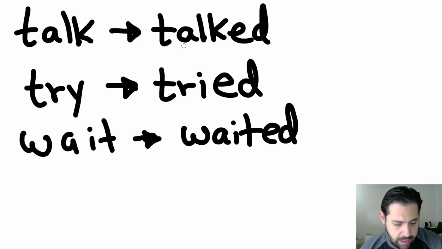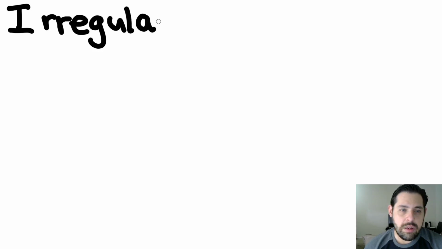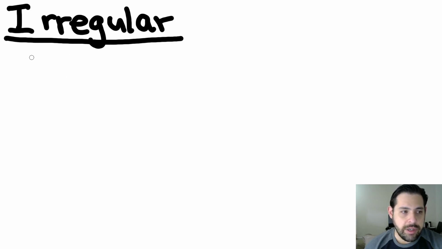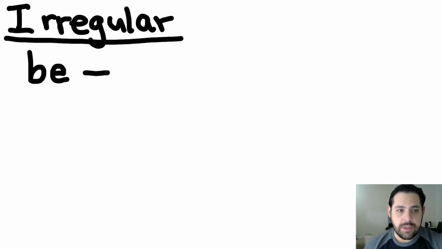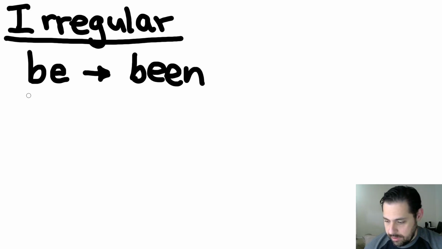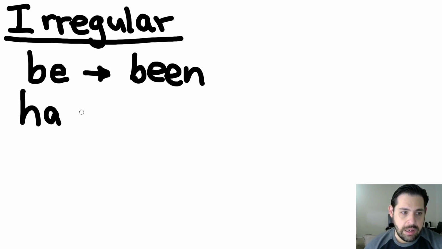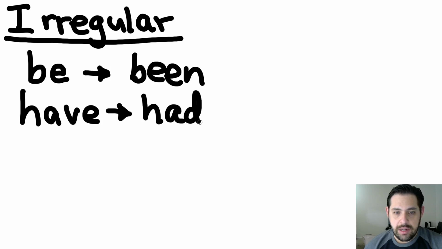So the irregular ones, here they are. The irregular verbs in the past participle: we have the very common verb be, which turns into been. Have turns to had.